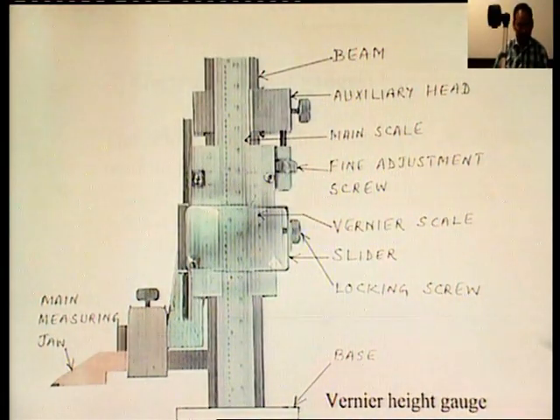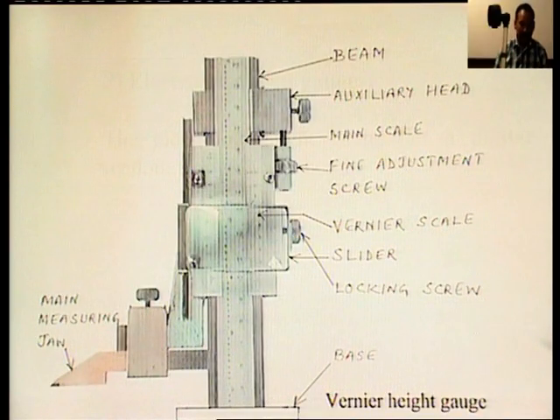If we discuss the main parts, the first is the base of this vernier height gauge. It consists of a fine ground and lapped base to ensure rigidity and stability. The base is made robust in construction. So, in this case, this is the base of the vernier height gauge.